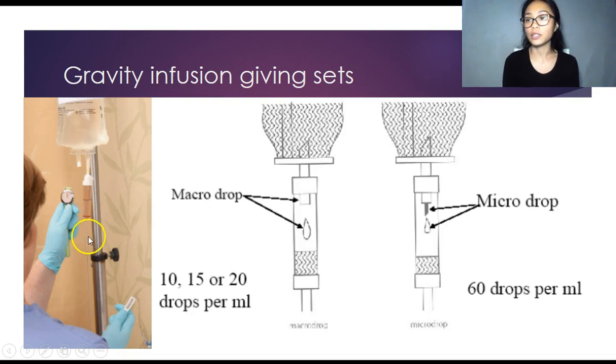So you have to stay there, count, watch carefully, both your second-hand watch and your drip chamber. And in your dominant hand, you want to hold the roller clamp. So I described that to you earlier. And this is what's going to regulate how fast or how slow, or you could completely stop the infusion using this roller clamp.